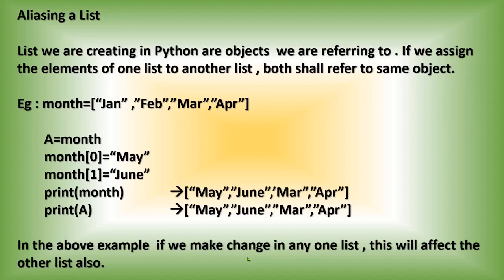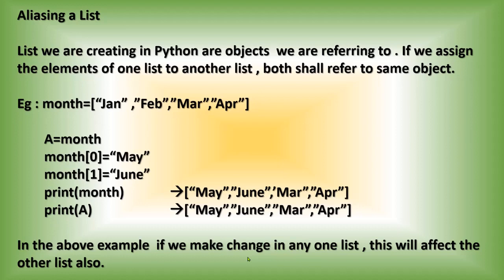If you make changes on any of these variables, automatically that will affect the other variable also. So that is another important thing in the list. So if I am trying to change the list content using the variable month, then the same change will be affected in the list variable A also.